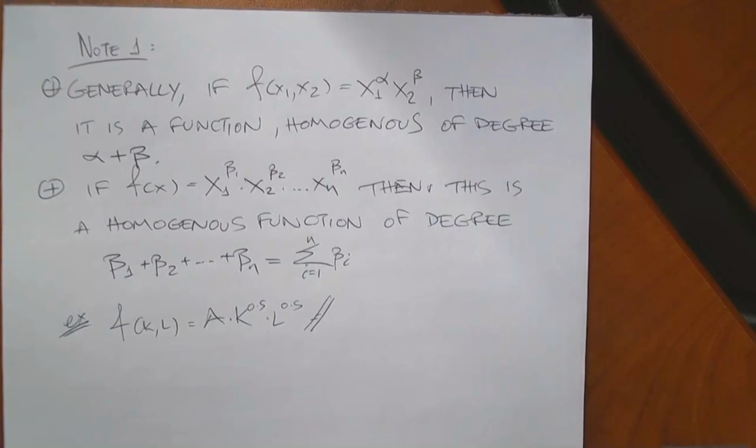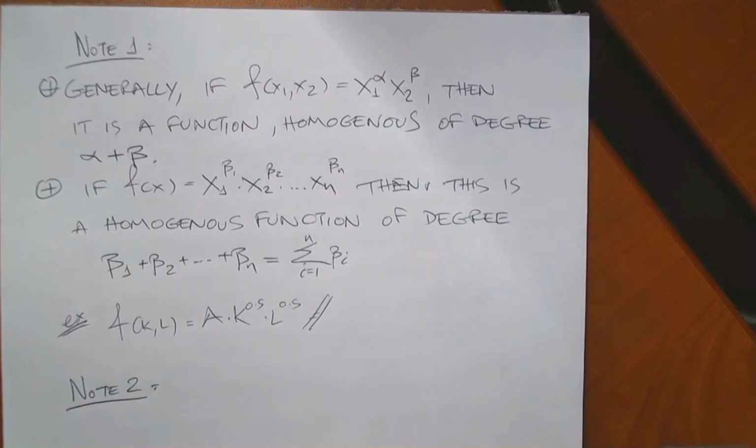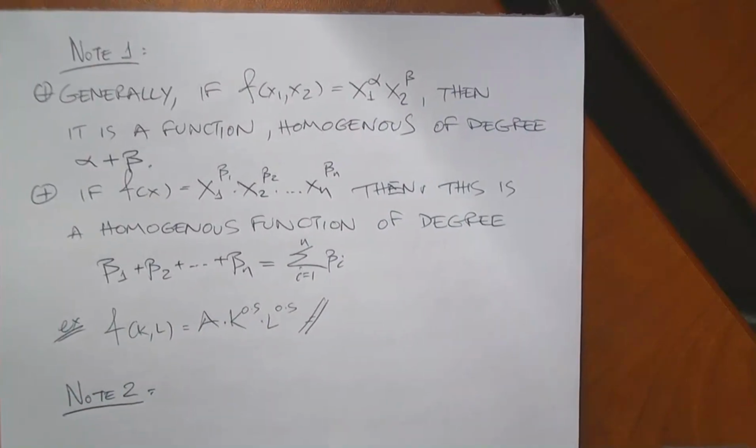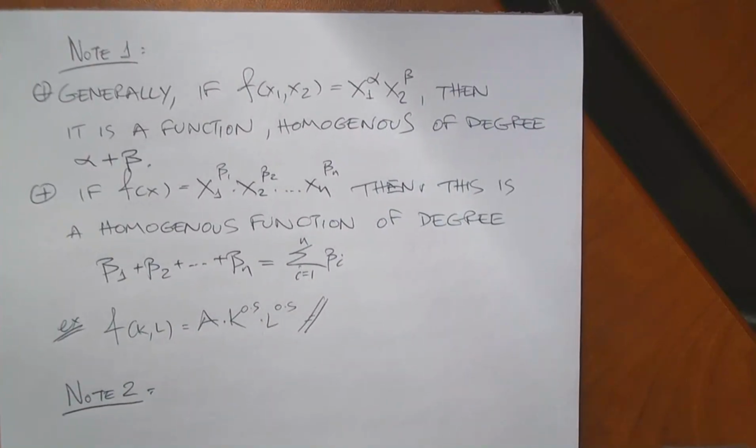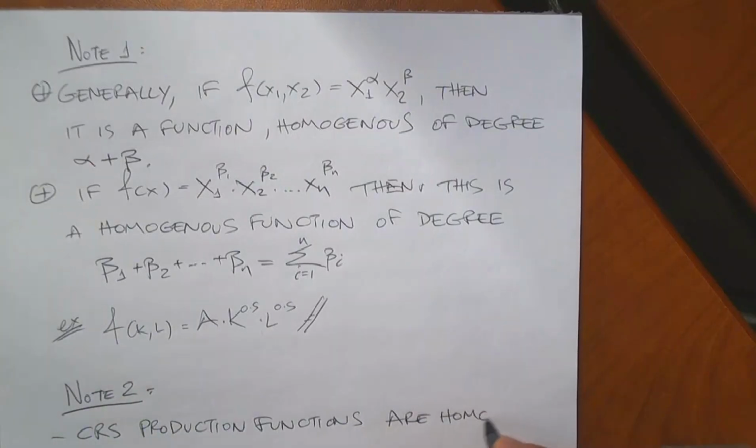This is important because of what I'm going to write here for note 2. The first part involves something that happens in the case of constant returns to scale production functions. So we're going to say that constant returns to scale production functions are homogeneous of degree 1 and vice versa.